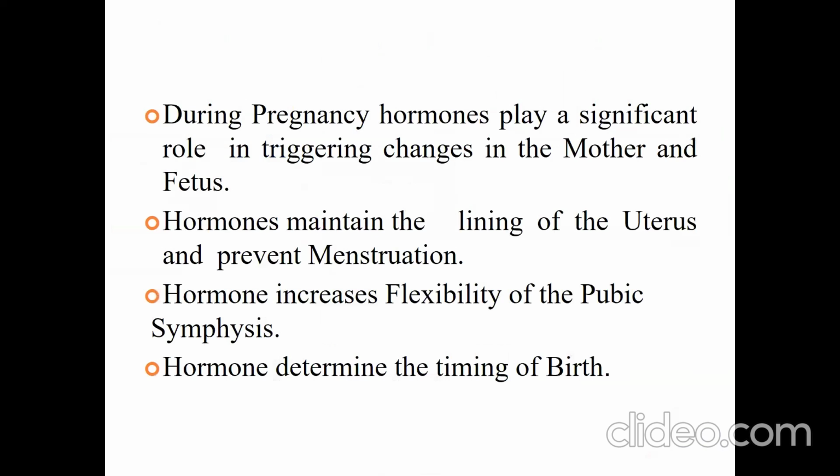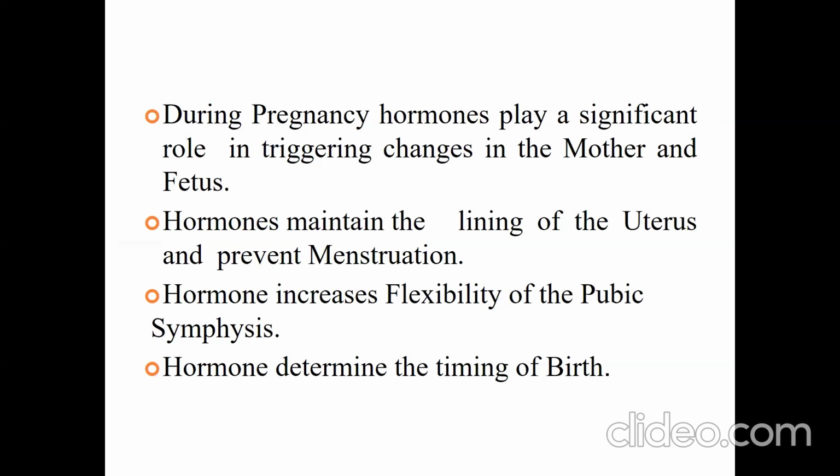During pregnancy, hormones play a significant role in triggering changes in the mother and the fetus. This special moment is continued with a rhythmic secretion of the hormones. Hormones maintain the lining of the uterus and prevent menstruation.